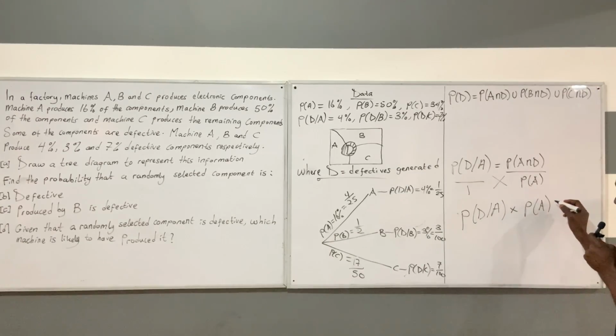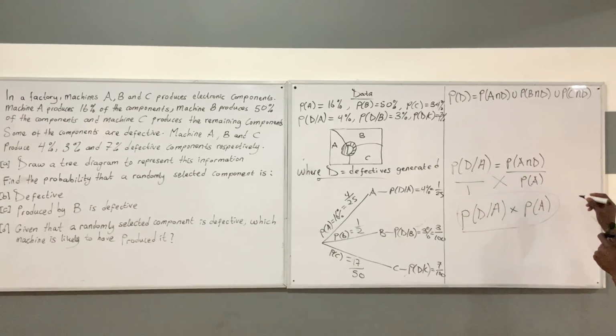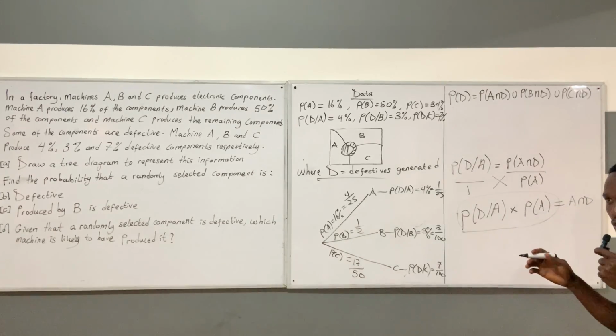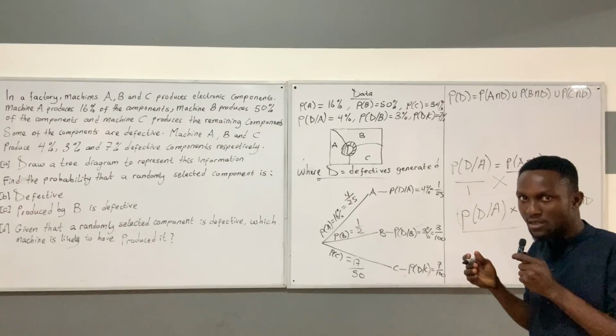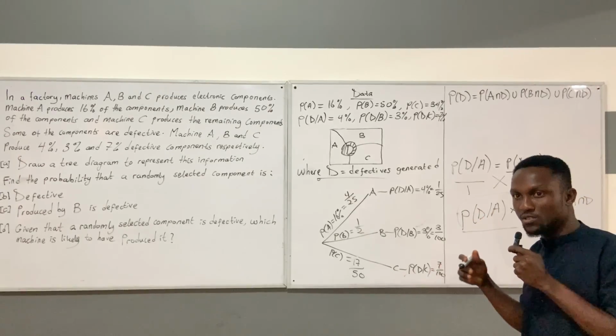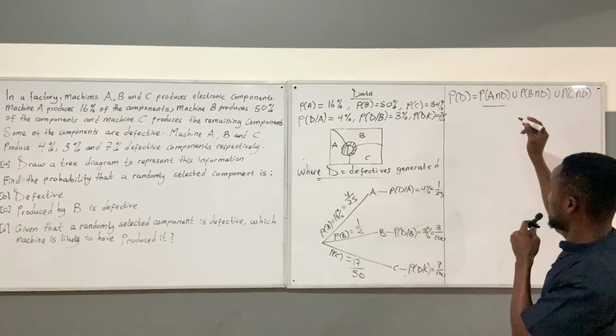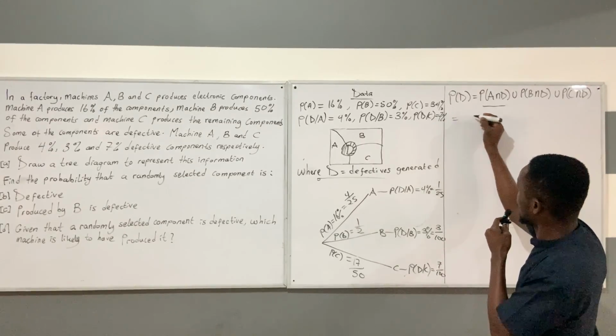Okay, so now this is what is standing for the intersection, because everything here is equal to A intersection D, which means the event A and D occurring together. Do you understand? Because the defectives were generated when the plant A or the machine A was generating the component. So that event happened together. So this side is going to give us what?